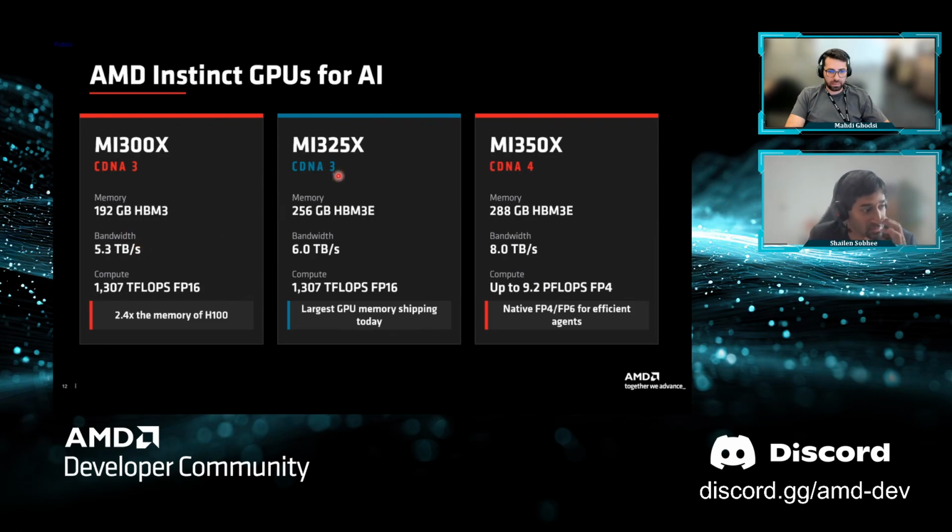The next generations, even higher bandwidth, even larger memory. This is amazing. And then the MI350X, which has the CDNA 4 architecture, even larger VRAM, so more models and much higher bandwidth. So the GPU lineup today is extremely excellent.